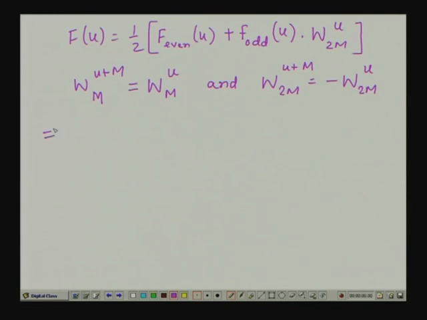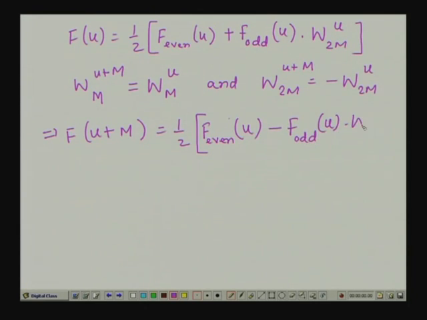So, this tells us that capital F(u plus capital M) is nothing but half of F_even(u) minus F_odd(u) into W_2M to the power u.